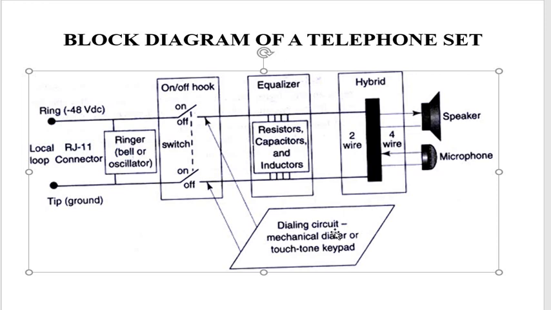So basically the dialing circuit can be a mechanical dialer or a touch tone keypad, which is used for dialing the destination number. So this is a block diagram representation of the telephone set.